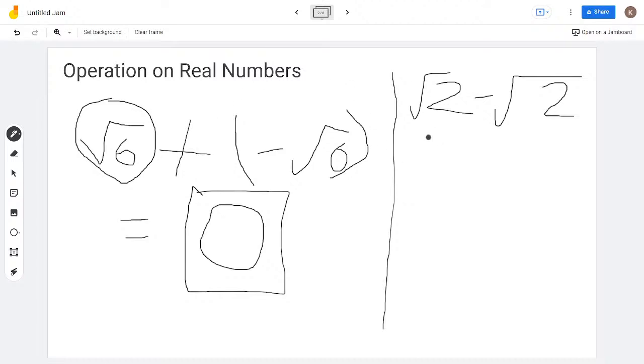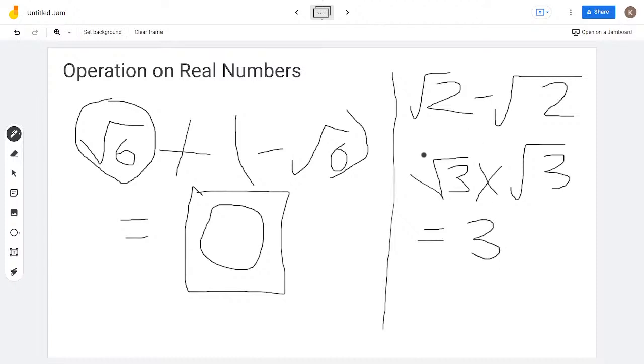If we multiply an irrational number with an irrational number, let's say if we multiply root 3 again with root 3, we will get just 3, right? Where again we can see that root 3 is an irrational number, but the outcome we got is 3, which is not an irrational number but a rational number, right?